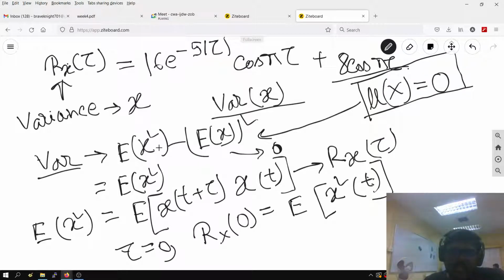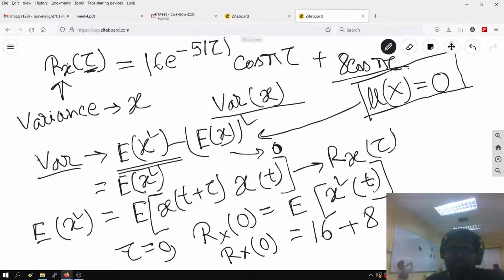This is the variable we need here. So put tau equal to 0 here. So Rx of 0 is 16 plus 8. This term becomes 1, this term also becomes 1, for tau equal to 0, since the cos term is 1. So this becomes 16 plus 8 equal to 24. This is the right answer of this question.